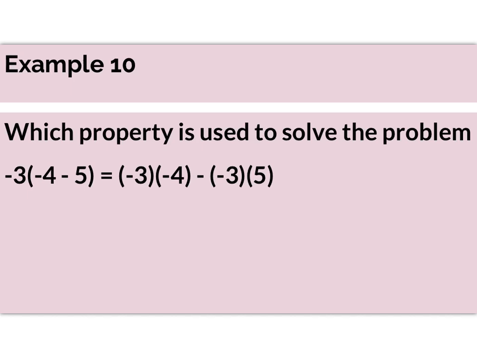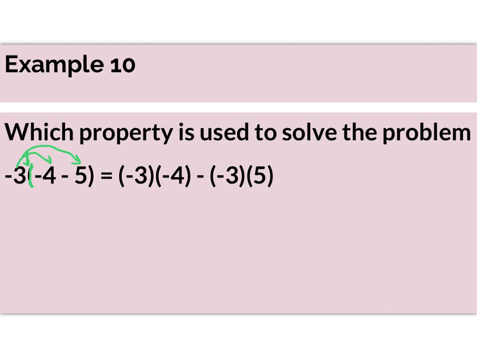Now, our final example, example 10. Again, the 3 is on the outside. There's no sign in between the 3 and the parentheses. There's no sign. So that means multiply, just like in the previous problem. So the 3 multiplies to the 4, the -4, and the -3 multiplies to the -5. Oh, I left the sign.